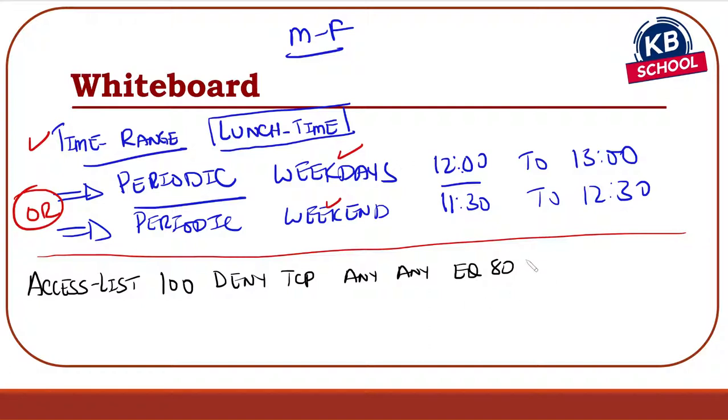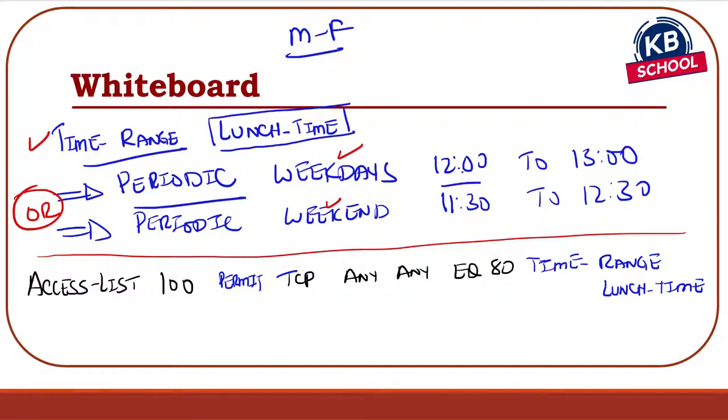I would need to permit it during the lunchtime: permit TCP any EQ 80 time-range lunchtime. And now it's only permitting TCP any EQ 80 during lunchtime.